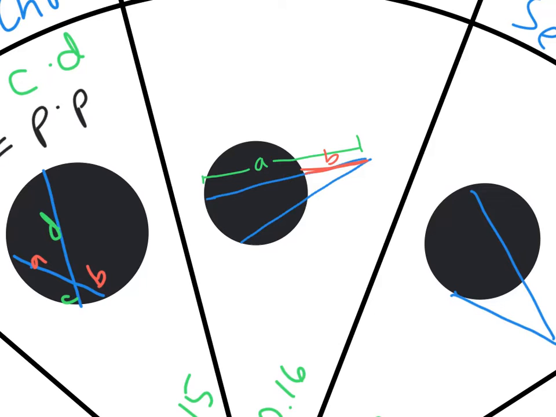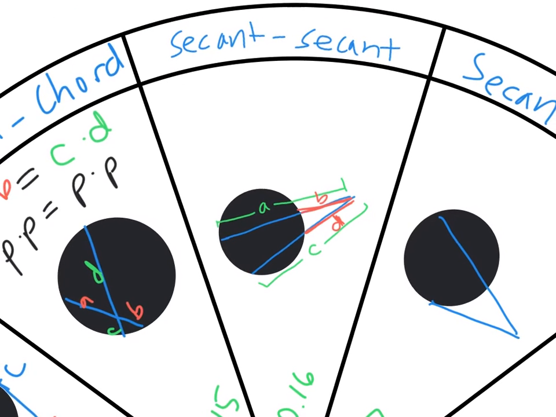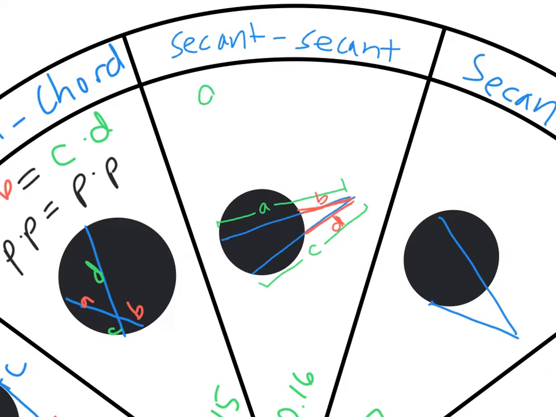And then I'm going to do the same thing for this other secant, except I'm going to use the letter C, and then I'm going to use D right here for that part out of the circle. And what I know, and again this goes back to similar triangles, is the product of A and B is always equal to the product of C and D.